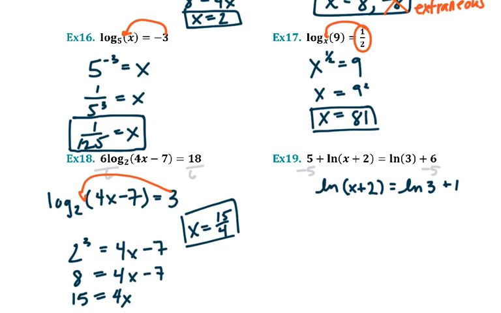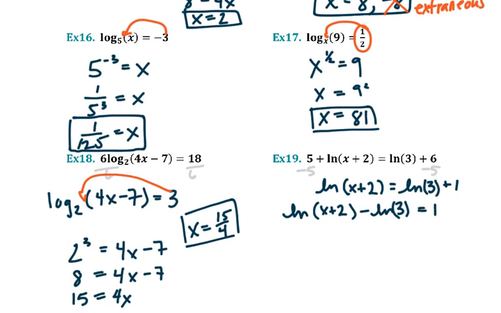So we have a few options here, but the main thing is we want to get that constant alone. So I'm going to subtract ln 3 from both sides of the equation, which gives me the natural log of x plus 2 minus the natural log of 3 equals 1.